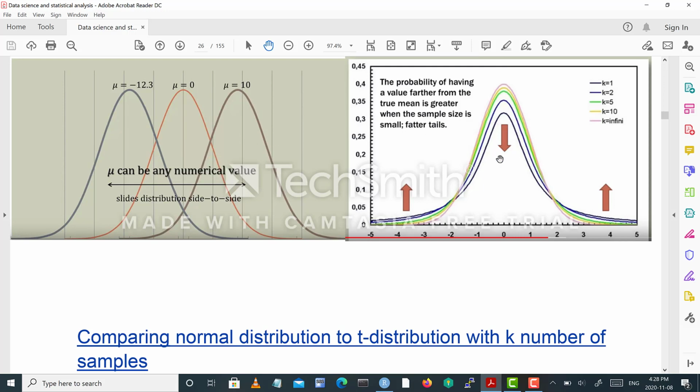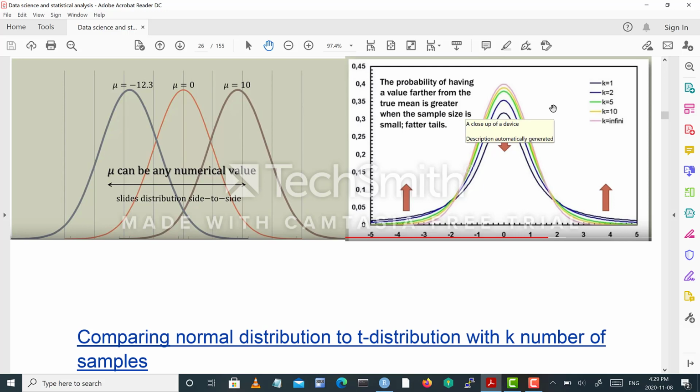We have here 1, 2, 3, 4, 5, 6 different curves. When k is infinity, the pink curve has the largest maximum, and with the largest maximum we have the smallest tail, and with a smaller maximum we get a curve with a larger tail.